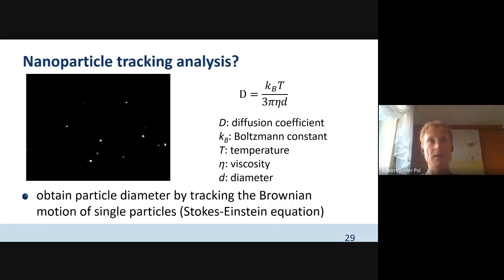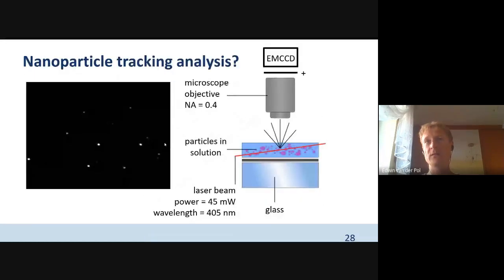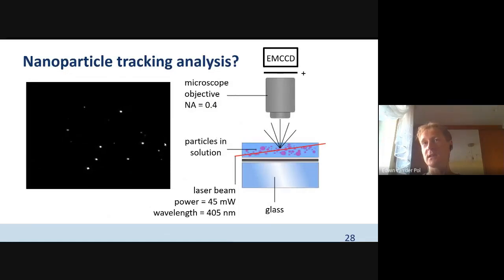If we go to nanoparticle tracking analysis, the schematic of this setup is basically the same as a microscope. Maybe the laser is placed perpendicularly with regard to the detection and the camera, but for the rest, it's basically a microscope.